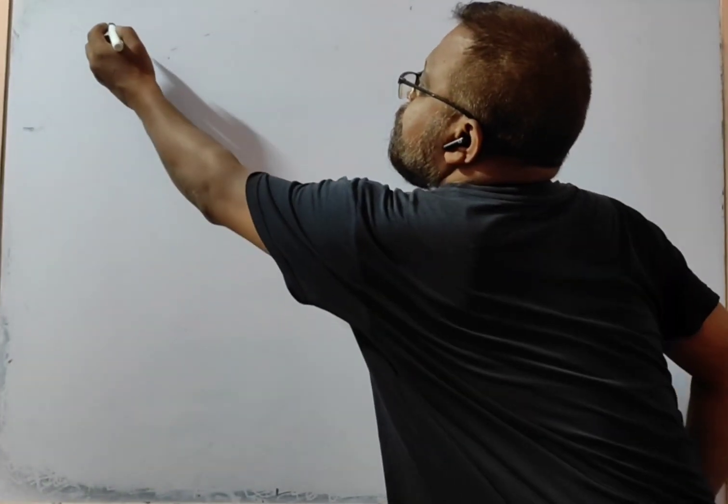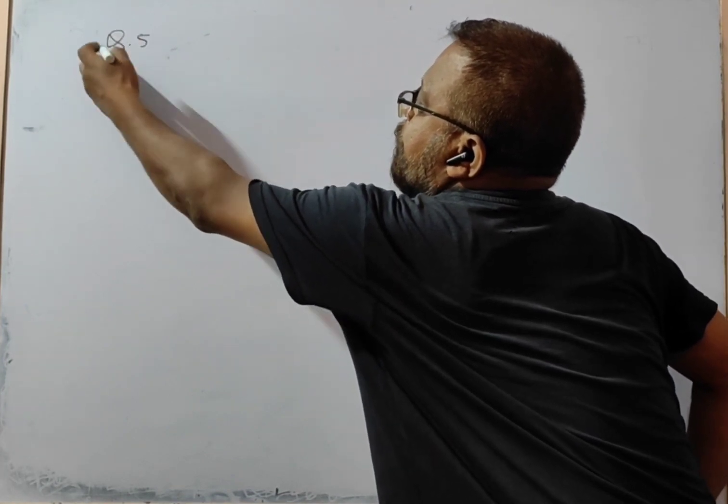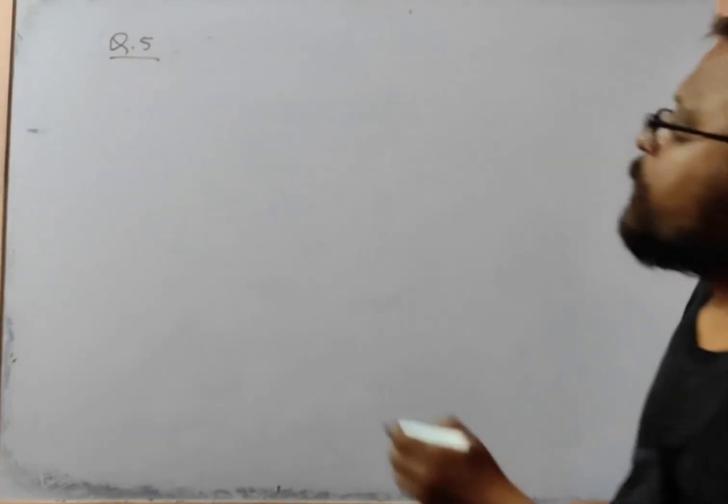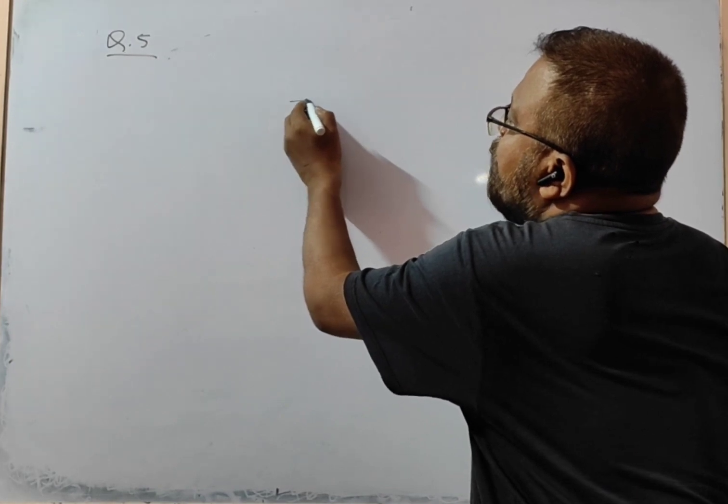So, question number 5. We have a cuboid. There is a cuboid like this.